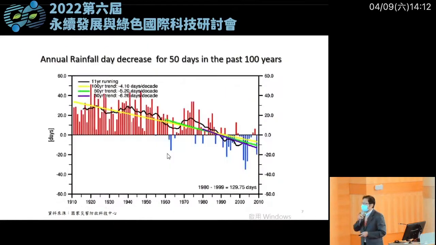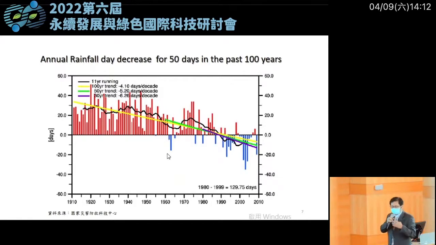But another thing is not stable: the annual number of rainfall days has decreased very much. Compared to 100 years ago, the difference is more than 50 days. So we have 50 fewer rainfall days than 100 years ago. Okay, so what happened to this?